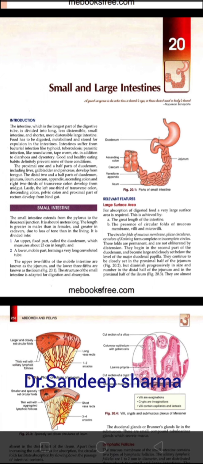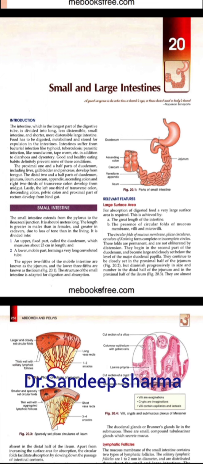It is divided into two parts: one is the longer part and one is the shorter part. The part which is longer in length but has less distensibility is called the small intestine.